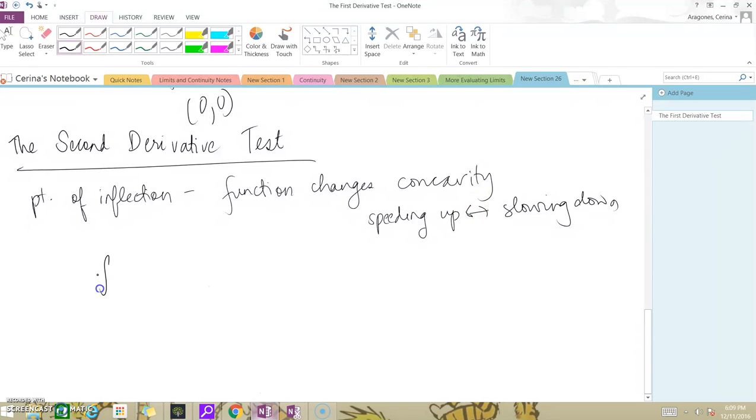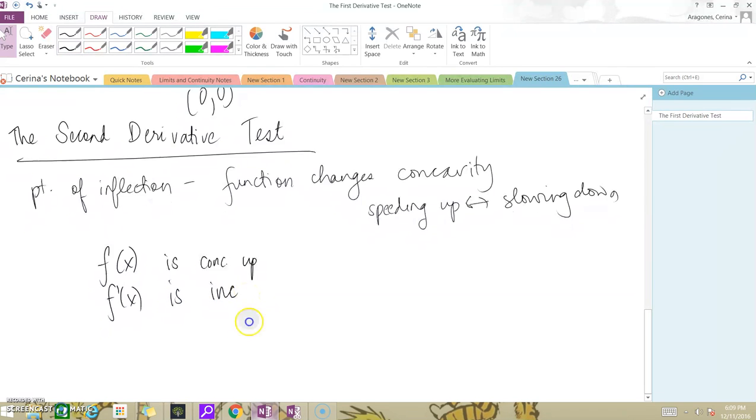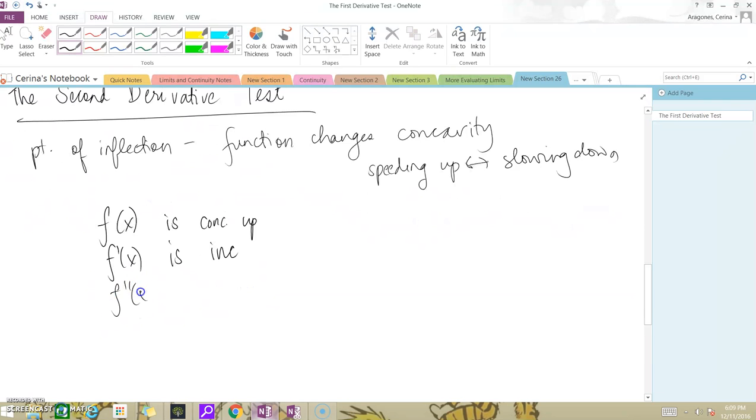So when your function is concave up, f prime is increasing because your speeds are getting bigger. Meaning f double prime, which is the slope of f prime. So f double prime is the slope of f prime.